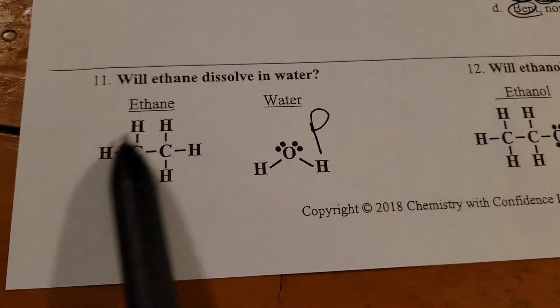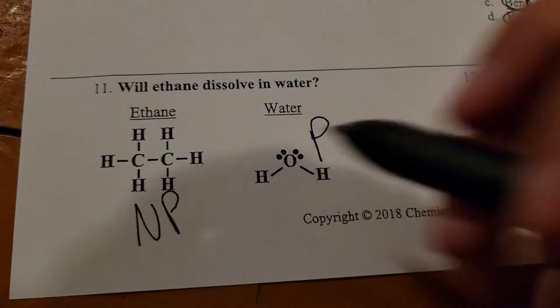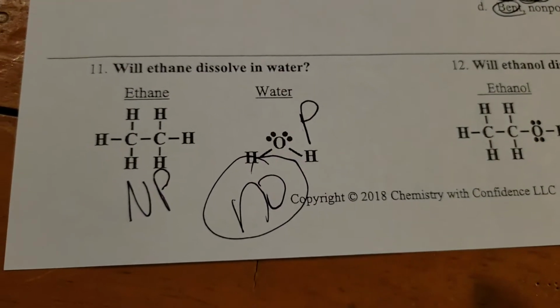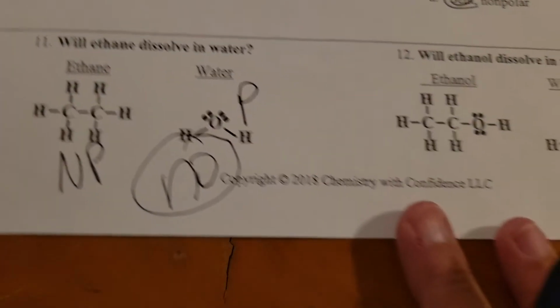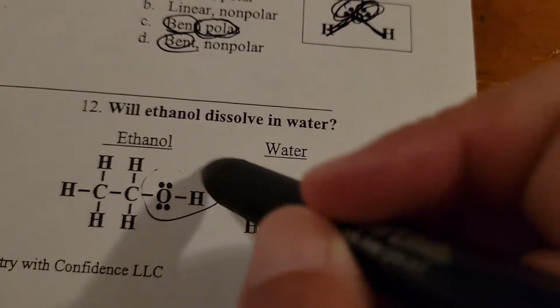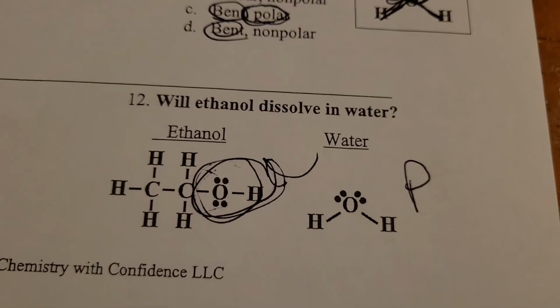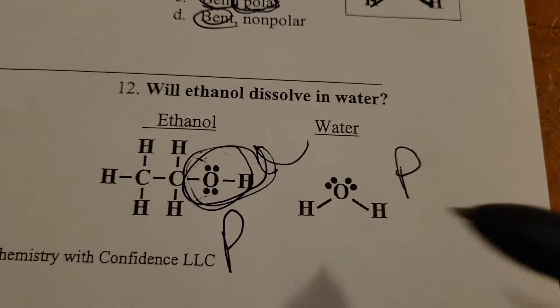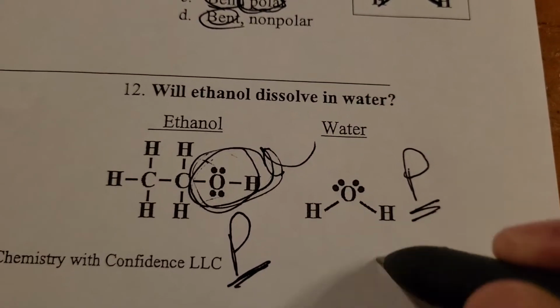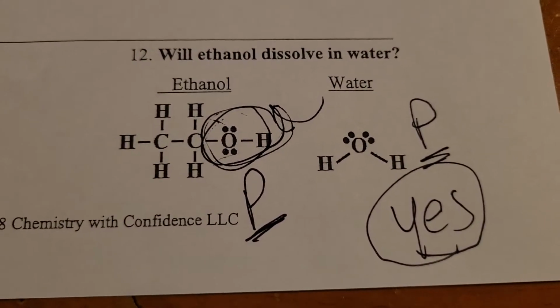Ethane is symmetrical, no unshared pairs, so ethane is nonpolar, so no, it would not dissolve. Ethanol, we have this lopsided, unshared part, non-symmetrical, so ethanol is polar, so polar and polar, yes, ethanol would dissolve in water.